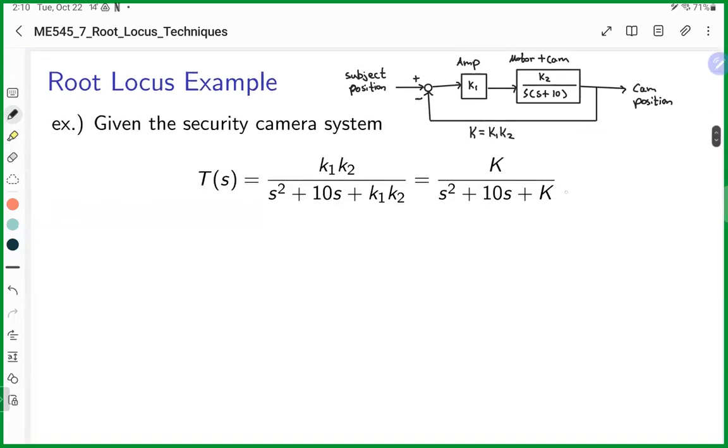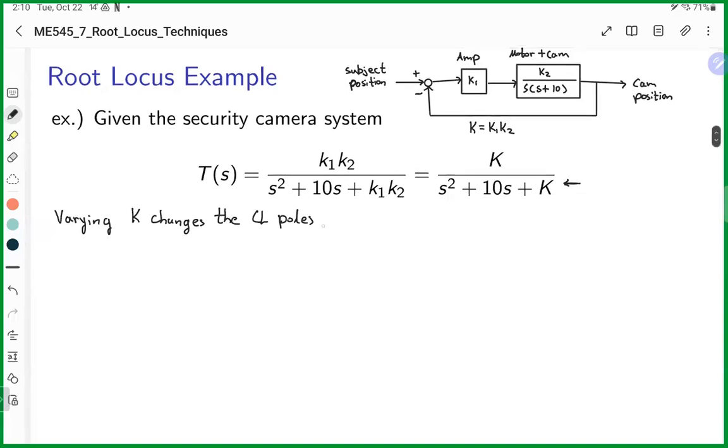And now you can see that the closed loop poles are dependent on k. So one thing to note is that varying k changes the closed loop poles location.